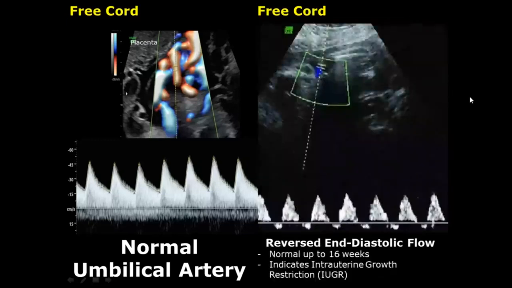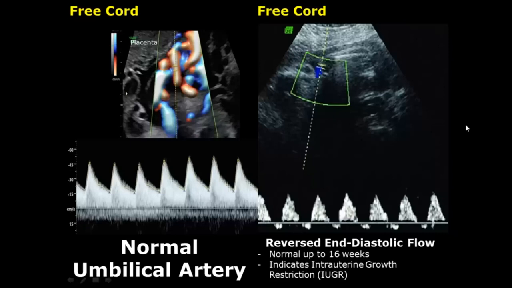In reversed end diastolic flow, we see flow reversal. We can see the velocity below the baseline, which indicates that there is reversal of flow due to high resistance, and this indicates intrauterine growth restriction.